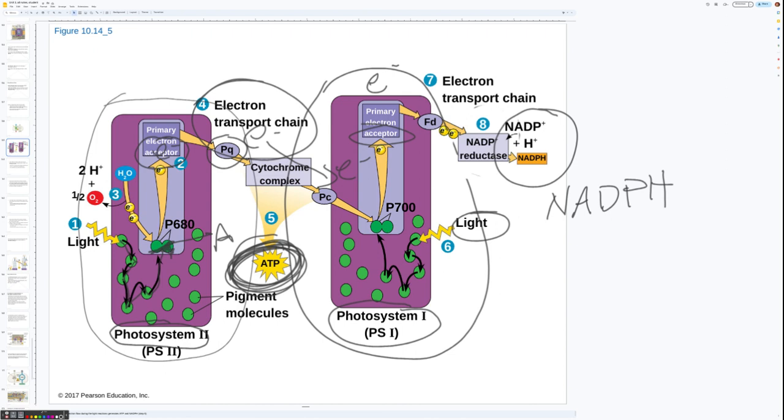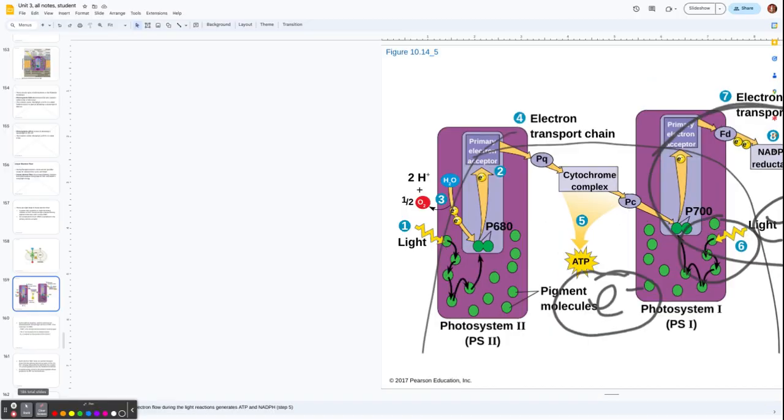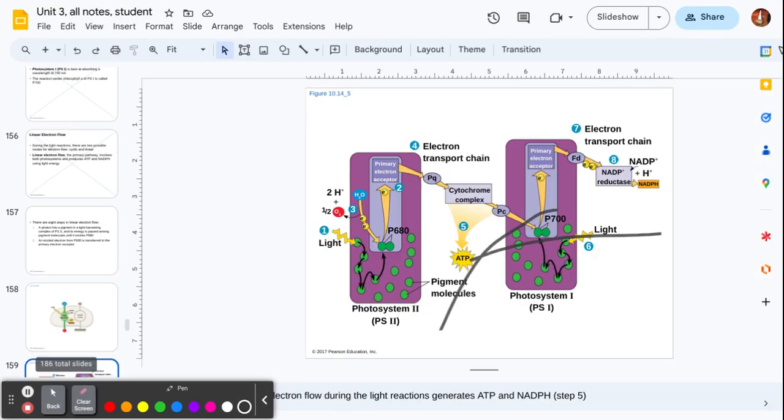So a great test question that I like to ask, as well as College Board likes to ask, is whether there is an electron transport chain in photosynthesis or respiration, or both of them, or neither of them. And the answer is both.